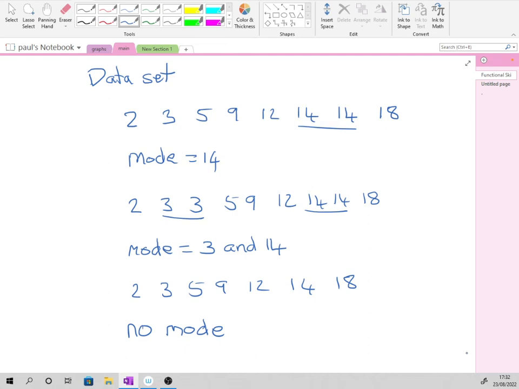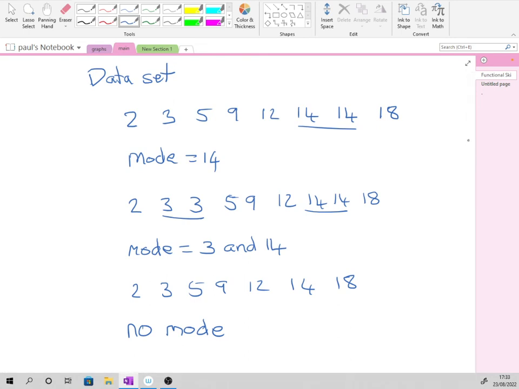This could be, say we did some data information of the weight of babies born in a hospital over a certain period of time. We'd put all the weights there, and the mode would be the most common weight, whether it be in pounds or kilograms, it doesn't make any difference.